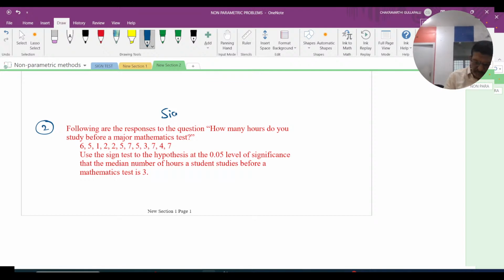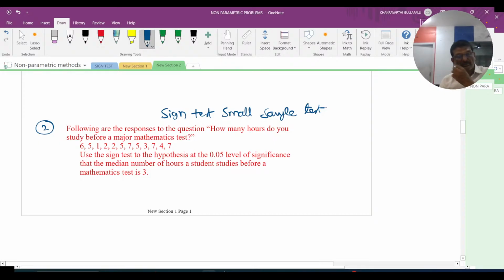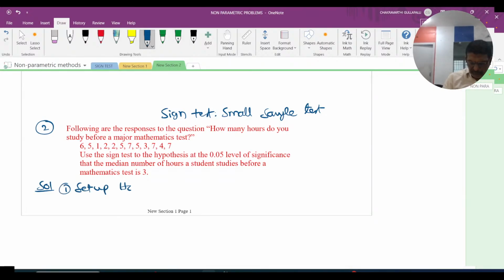Sign test, small sample test. Now here is the solution. Step 1, set up H naught, the population median. Following the responses to the question, how many hours do you study before a major mathematics test?